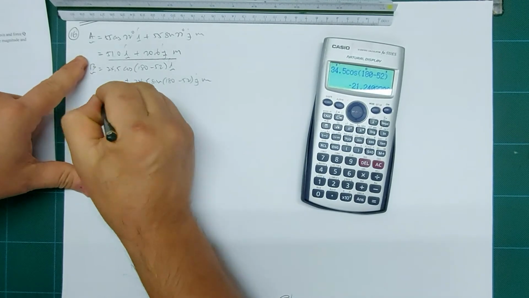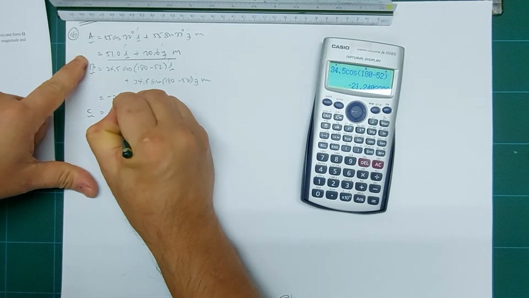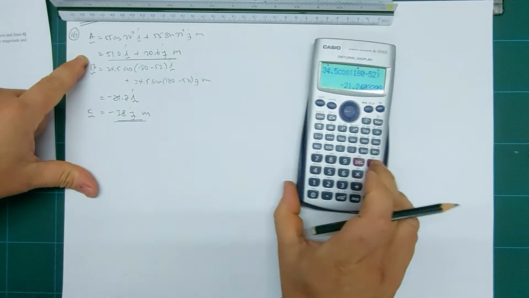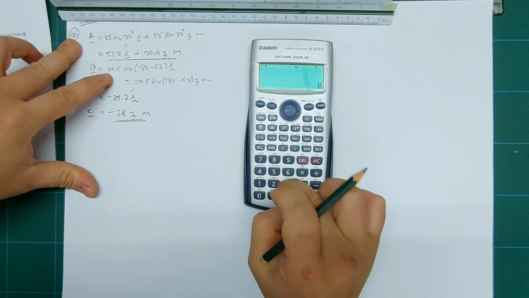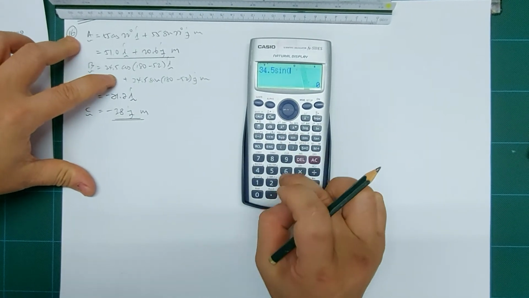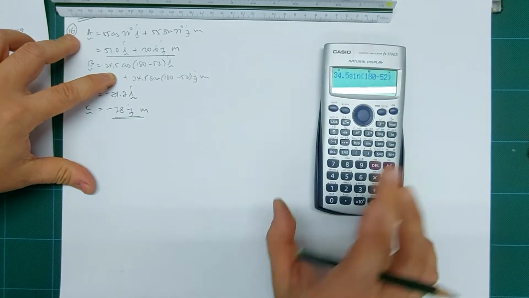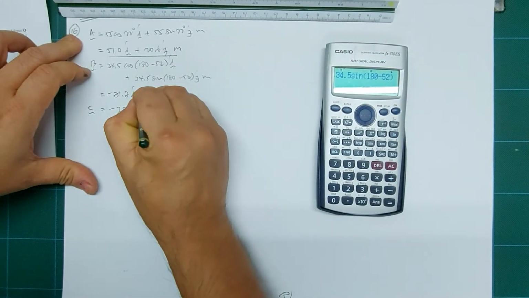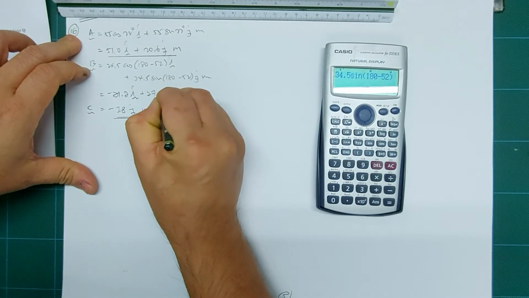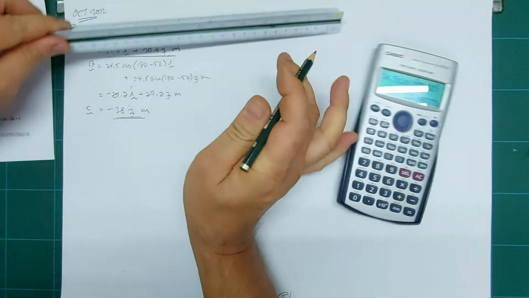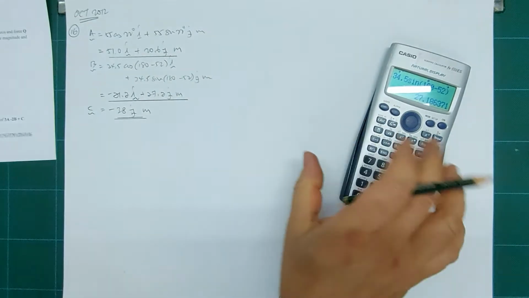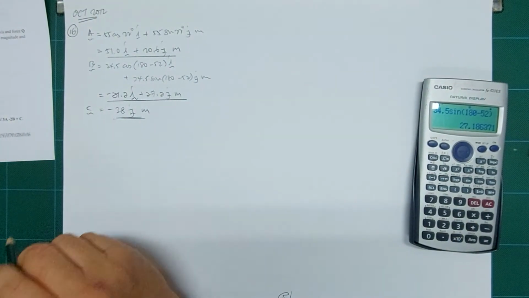Answer is negative 21.2 i, and the next one is 34.5 sine 180 minus 52. We have positive 27.2 j meter. Done already for A, B, C in the component.